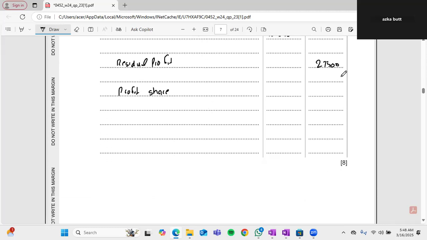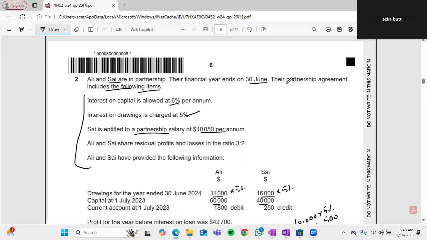Now you have to divide this 27,500 between the partners as per their ratio. So this is 3 to 2.